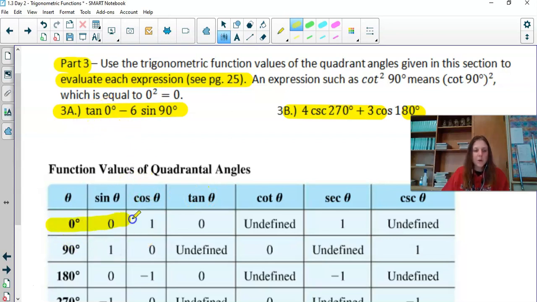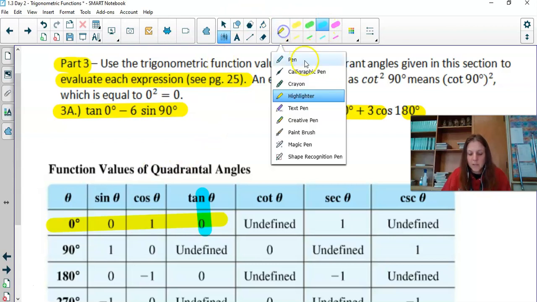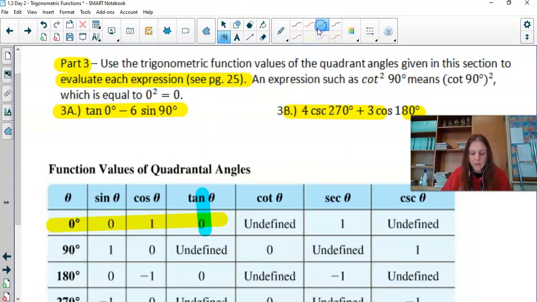You follow this one over, or this time you go down, and what you see is your common solution to tangent of 0, which is 0. So you're going to go over here, and you're going to cross out tangent 0 and replace it with its value, which is 0.